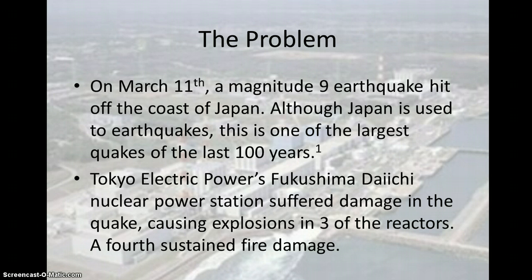One of Japan's nuclear power stations, the Fukushima Daiichi nuclear power station, sustained pretty worrying damage because of the earthquake. As you can see, 3 of the reactors exploded and a 4th had fire damage. This is obviously a concern to people because they are, in fact, nuclear power plants.